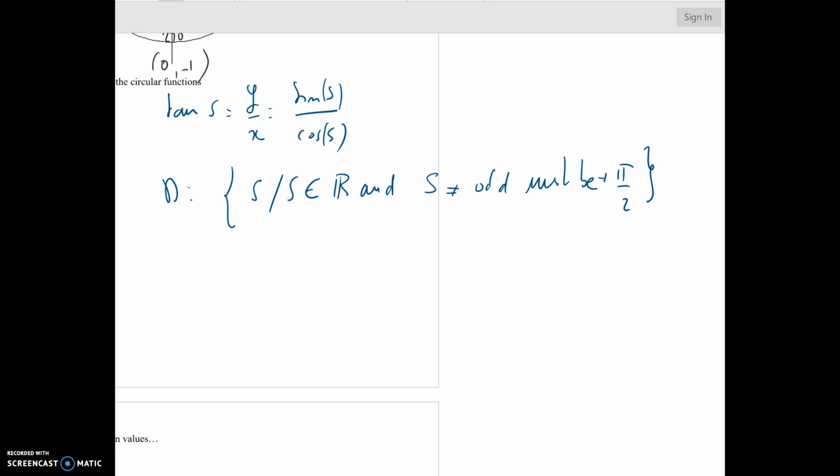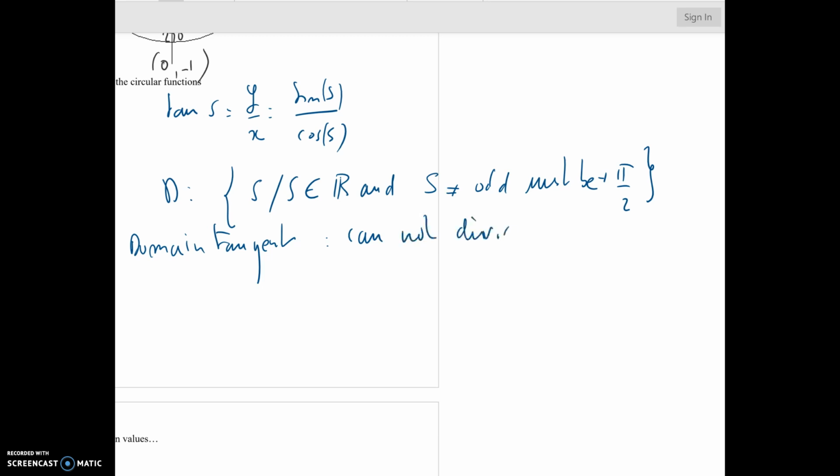The domain of a tangent is pretty easy, because remember the tangent is a fraction, and therefore it cannot be divided by 0.